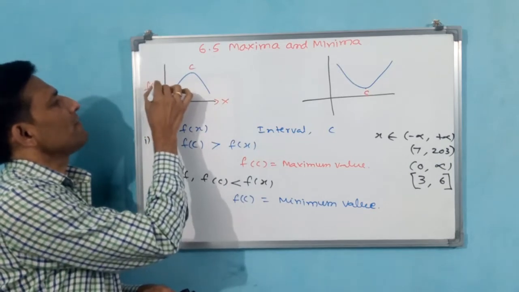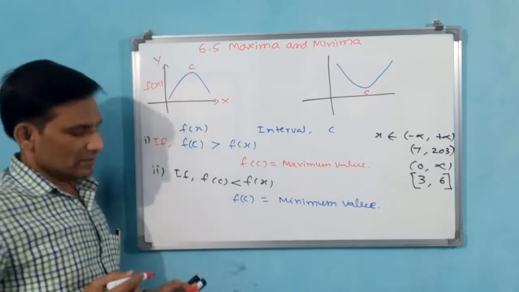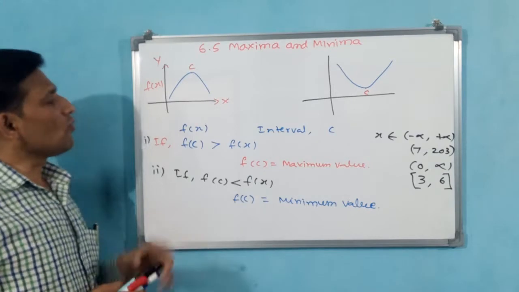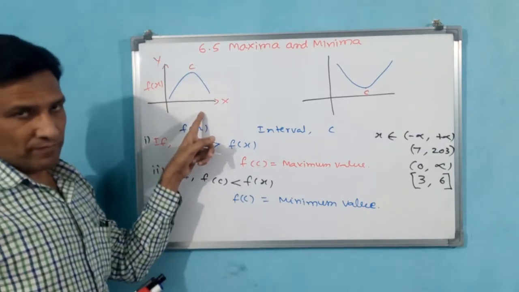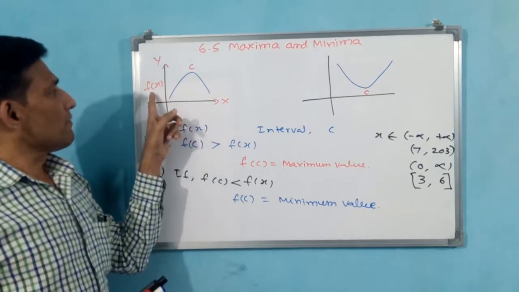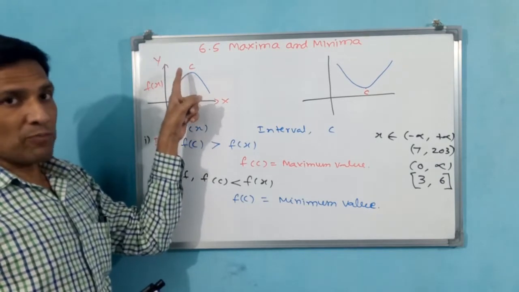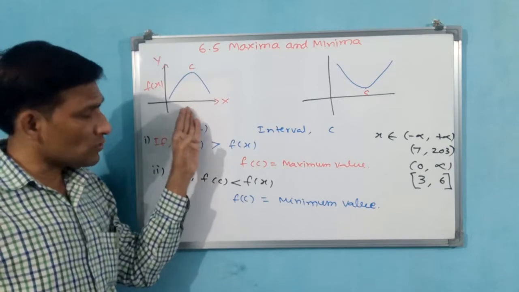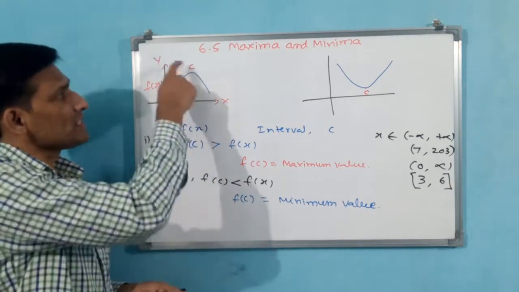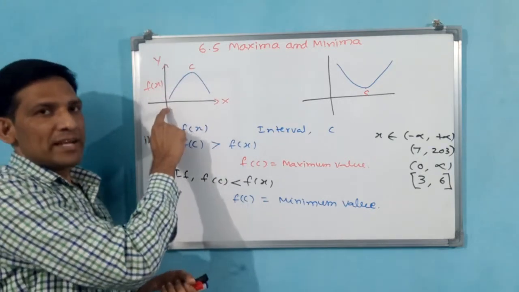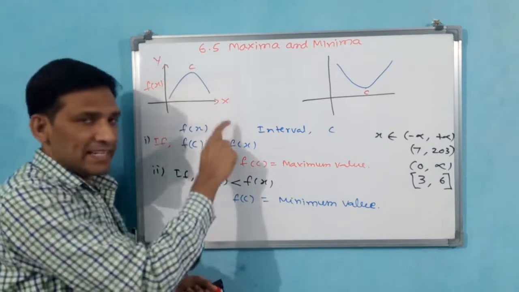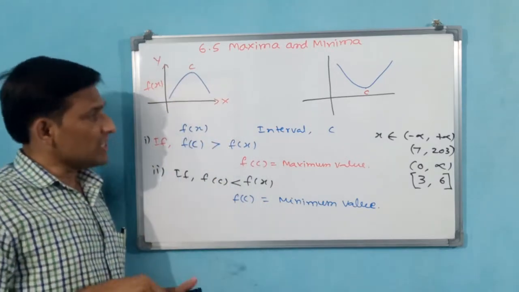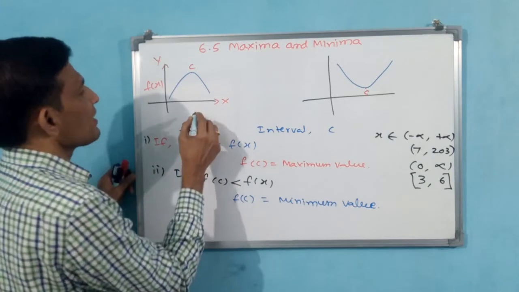As the input or domain goes on increasing, the output also increases up to one point. After that point the output decreases, though the input keeps increasing. Once the output has increased, afterwards it decreases. That means here we can say c is a turning point.